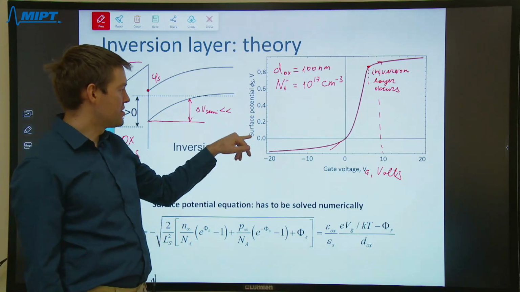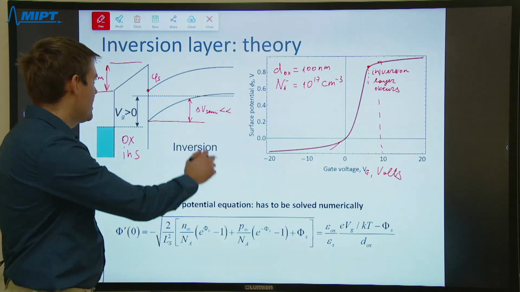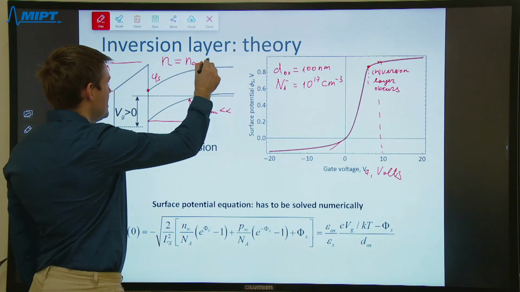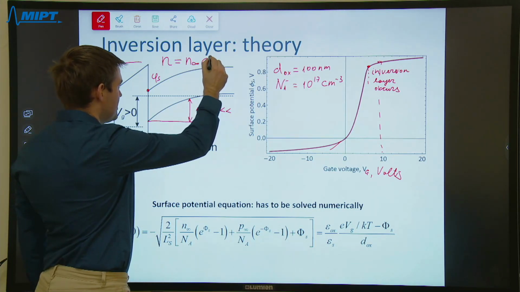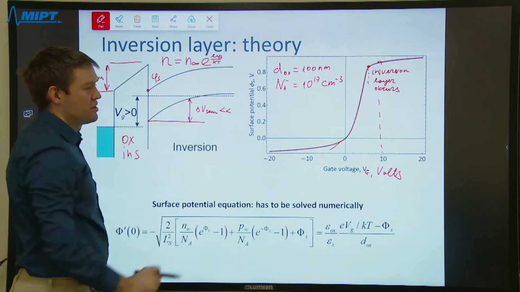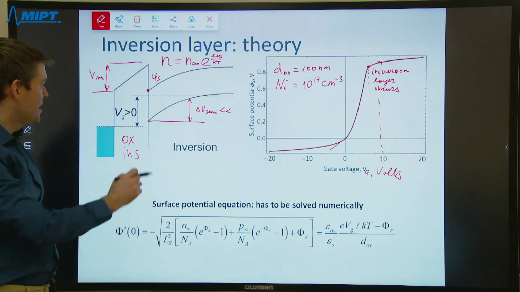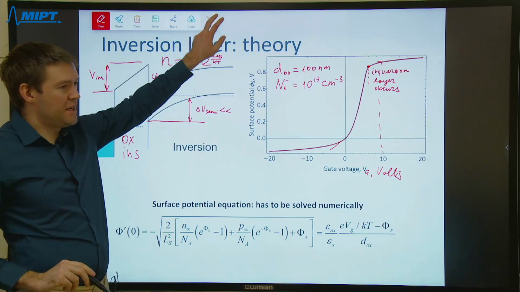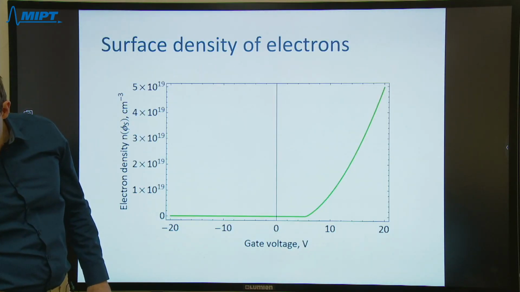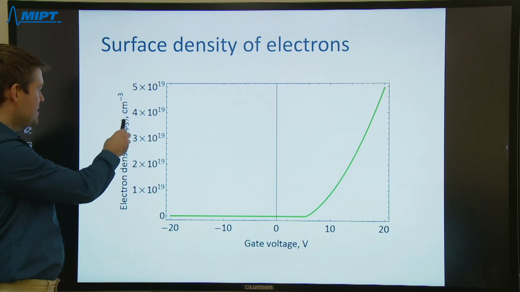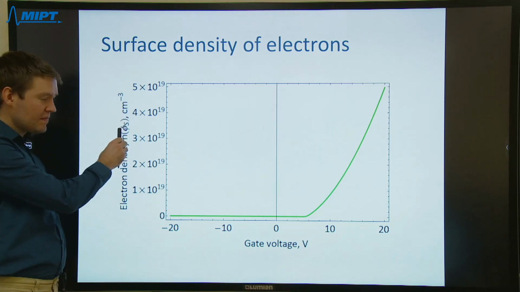If we know the surface potential, we can also find the density at the surface. Let us try to look at the density at this point in the vicinity of the insulator. This is another plot that I have prepared. This is the electron density at the boundary.